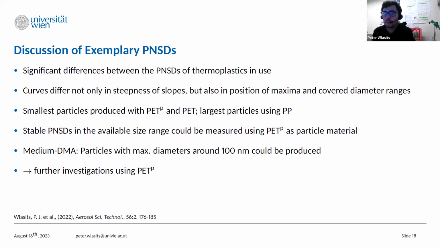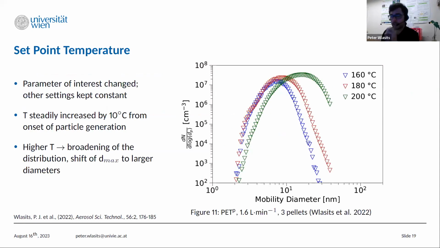And based on this, we decided that higher purity PET is probably the best candidate for further investigations, especially the investigations on the external parameters now: the tube furnace temperature, the flow rates, and so on. And that's what I want to present now.